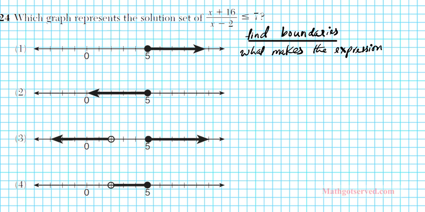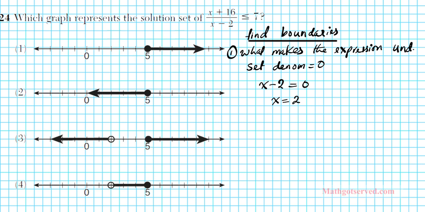Okay, so you set the denominator to 0 and solve. The denominator here is x minus 2, which is nice because we don't have to factor anything. X minus 2 equals 0, x equals 2. That's our first boundary point.